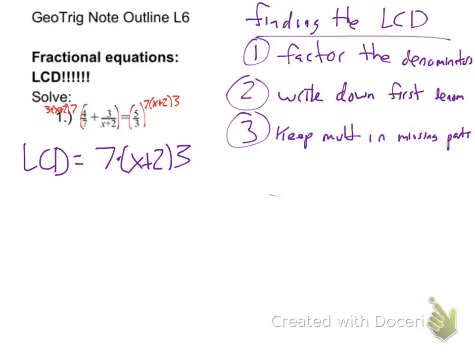Can you guys see that this one on the left will have to be distributed in? Yep. Now, there's a couple ways we can think about this. You could say, I'm going to multiply both sides by that LCD, or you can multiply everything by the LCD.